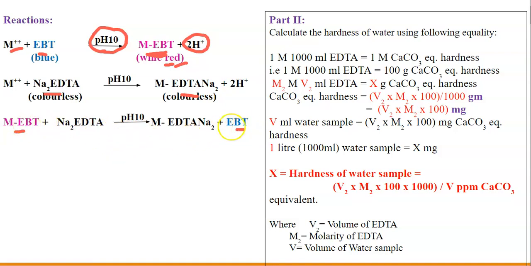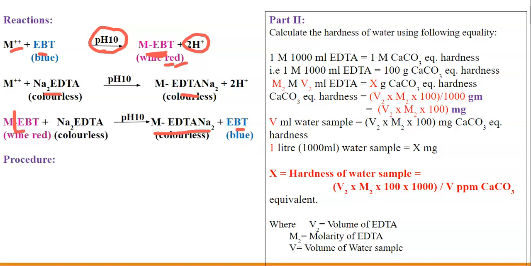What this indicates is that the metal-indicator bond gets broken and a new complex is formed between the metal and the disodium form of EDTA, and our indicator gets free. So that is the color change from wine red to blue, because the original color of the indicator was blue.